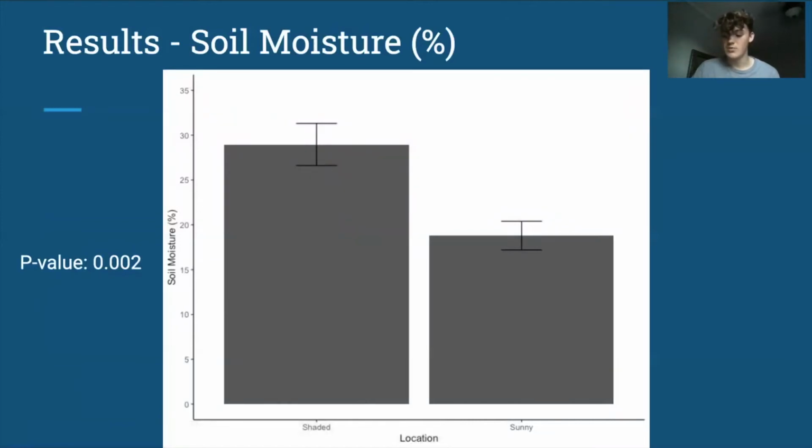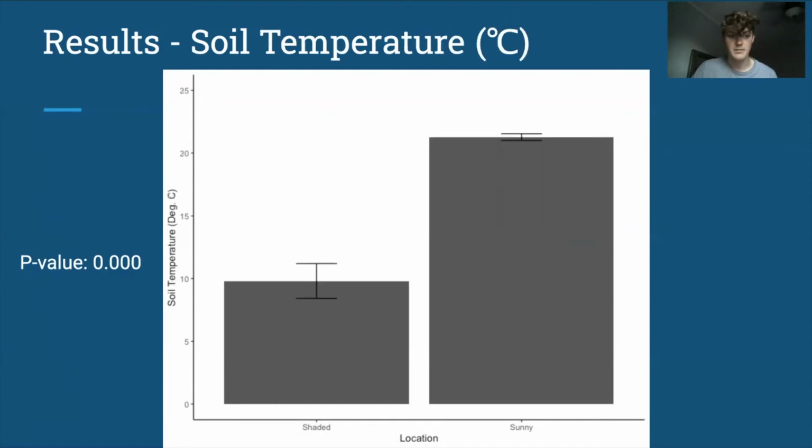In the shaded area, the average soil moisture percent was about 29%. In the sunny area, the average soil moisture percent was about 18%. Our p-value was 0.002, which shows that this difference was significant.